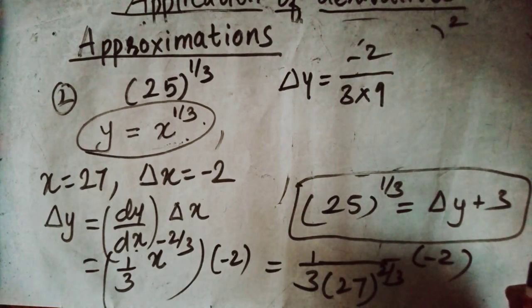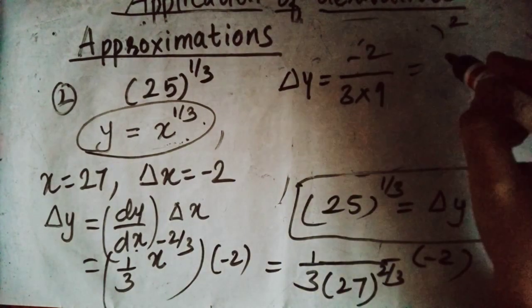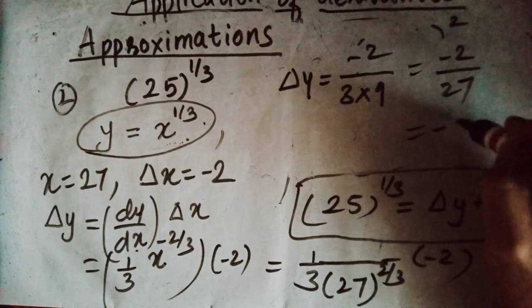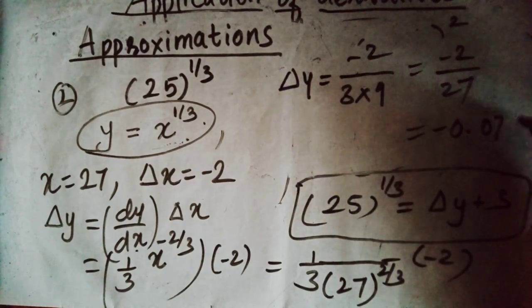So this is minus 2 upon 3 into 9, which is 27, so minus 2 upon 27. Okay, so we will get minus 0.074.